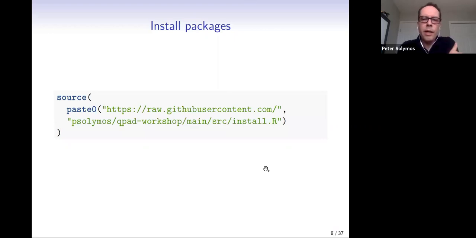So everything that we need, you can install it using this line. And I think many of you have done this before today. If you haven't done that, you can just do it now while I'm talking. And if you run into any issues, a few people couldn't install all the packages from GitHub.